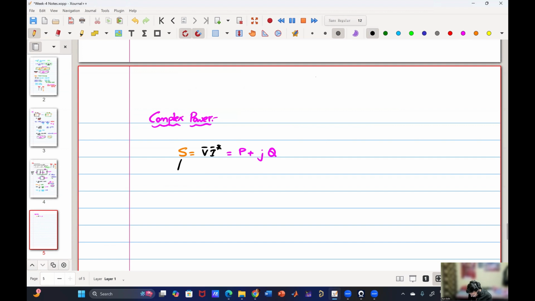S means complex power, P means active power, Q means reactive power. So let us define it. S is complex power, P is active power, and Q is reactive power.